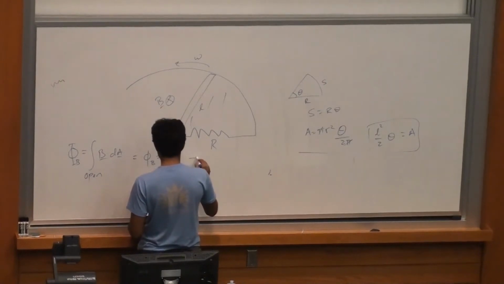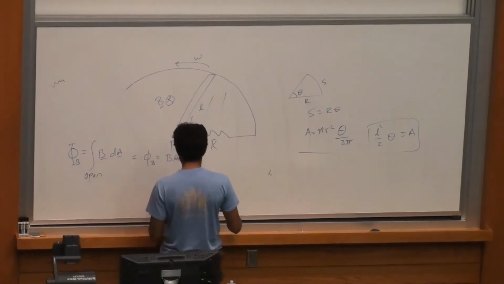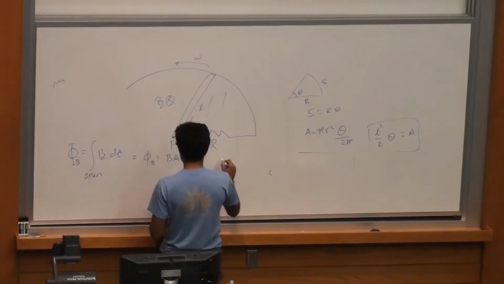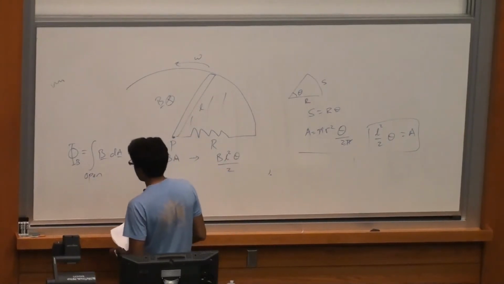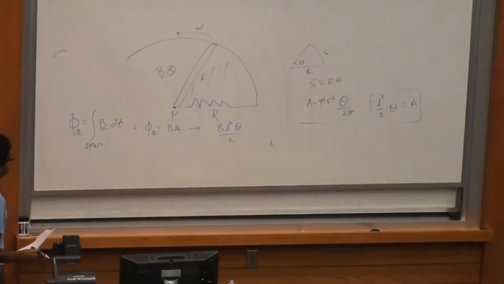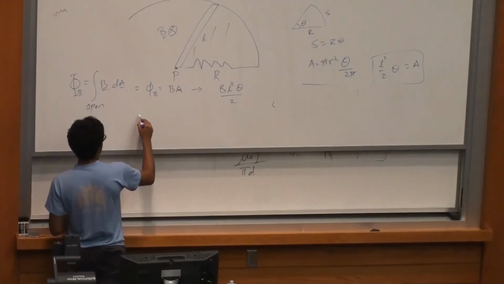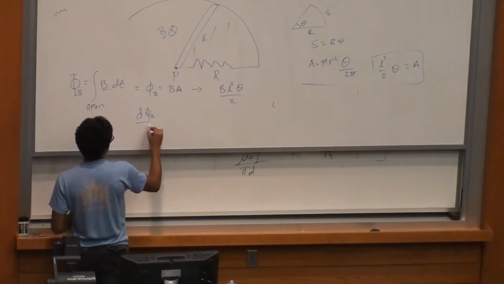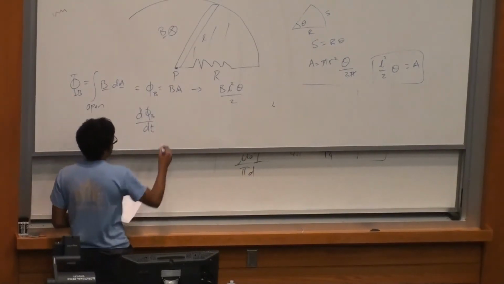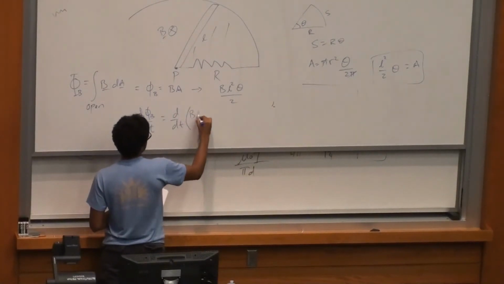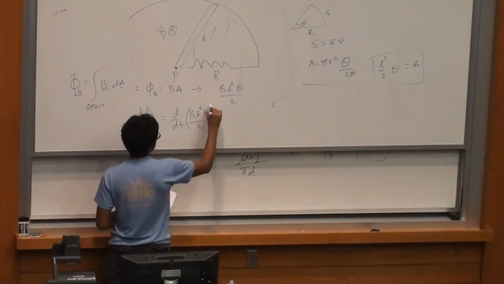Right, so the magnetic flux, my area is L squared over 2 times theta, so I get B L squared theta over 2. Now I change this. I'm looking at d phi_B dt, which equals d over dt of B L squared theta over 2.